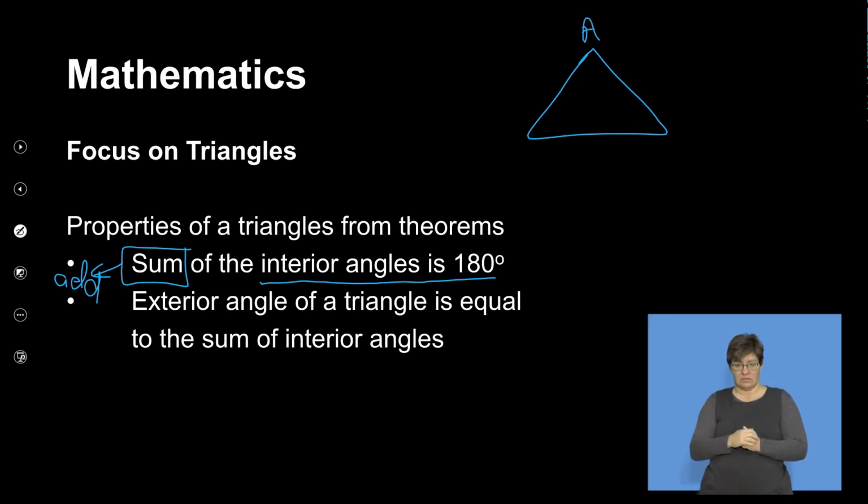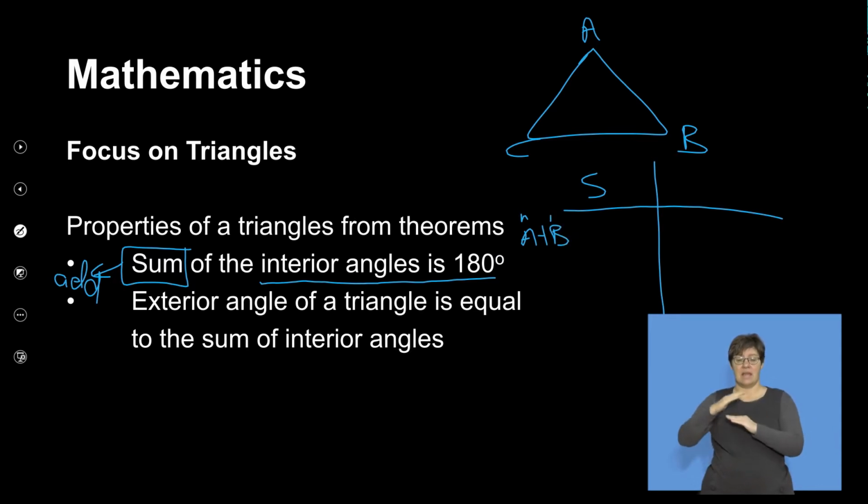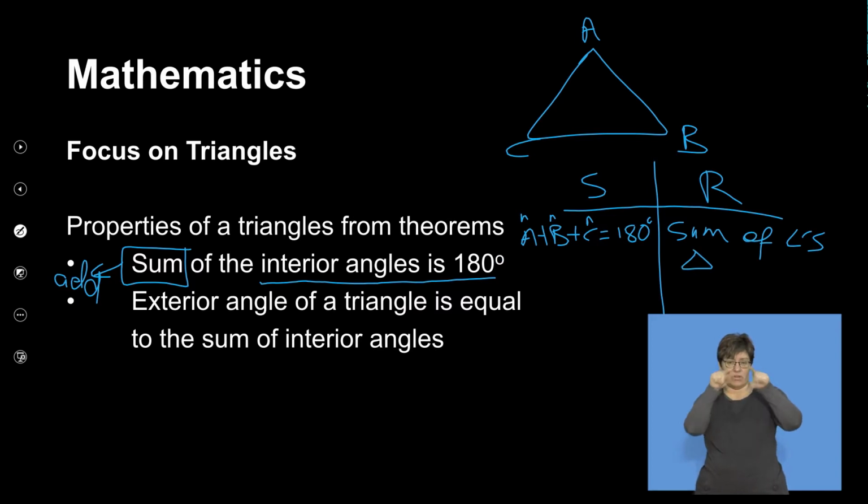So normally, if this is A, B, and C in the triangle, then your statement will be angle A plus angle B plus angle C must equal 180 degrees. And then your reason for that will be sum of angles in a triangle. Remember, you just shorten them most of the time.